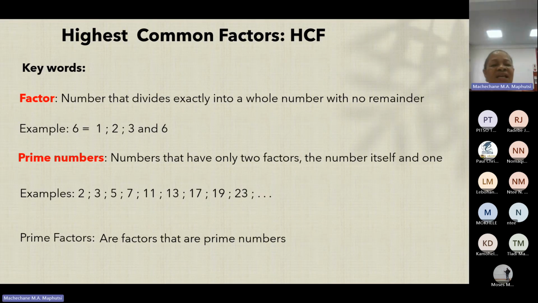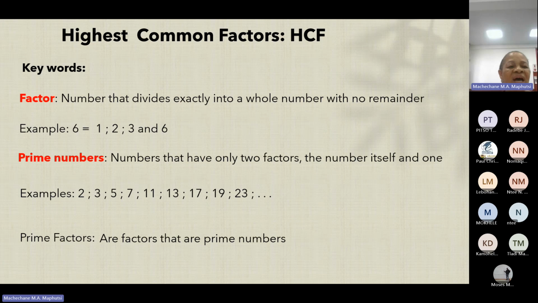Like I indicated, when we deal with multiples and factors, it simply means that in our grade, we're going to calculate the prime factors, the highest common factor, and the lowest common factor.